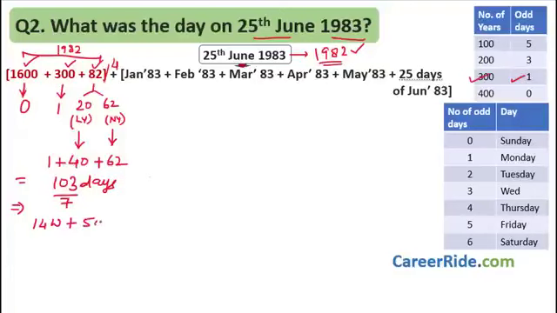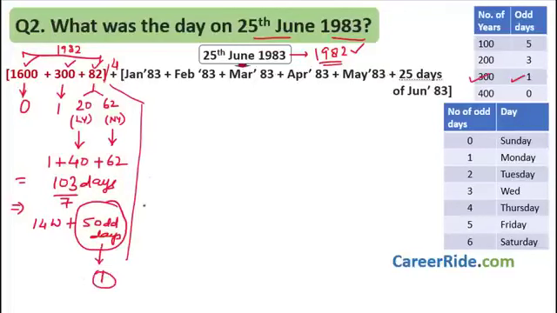These are 5 odd days. I've already done this calculation to make the video faster. You can check it if you want to. Now I am done with this first part of the calculation, and I am interested in these 5 odd days that I've gotten here. Let's mark them 1.